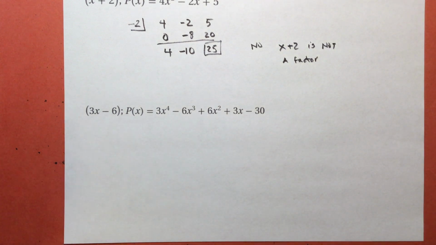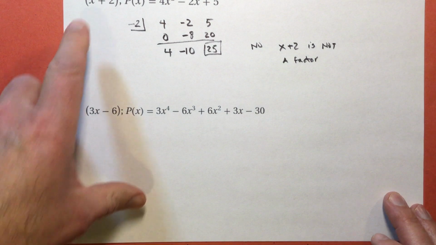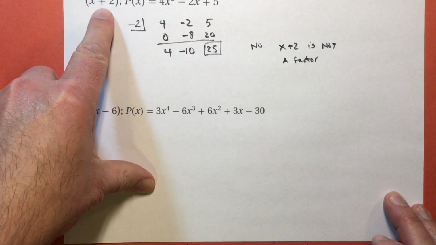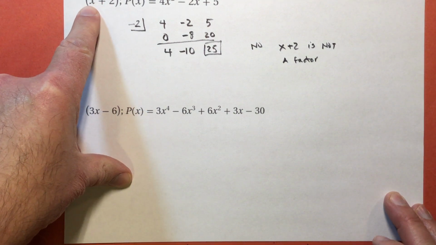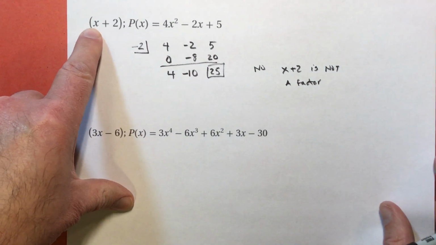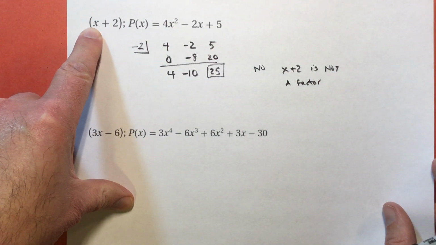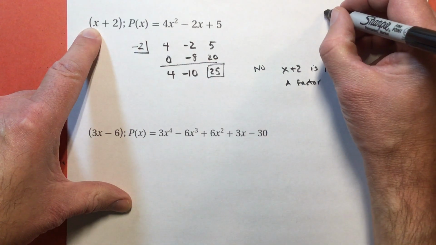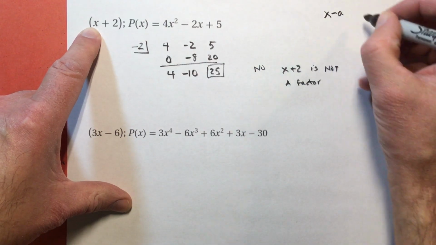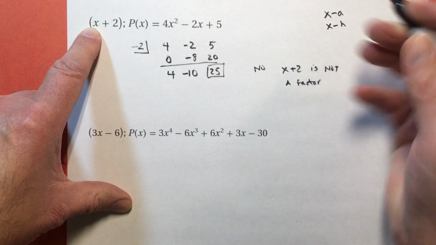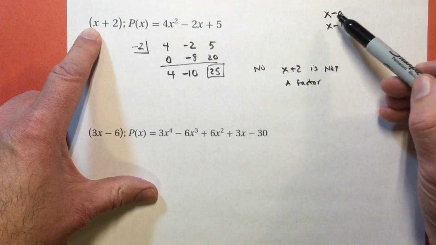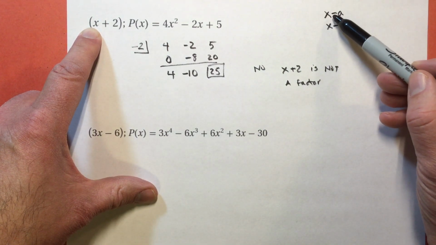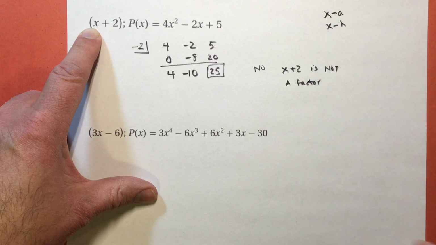What I framed it by was that if the binomial I'm dividing by has just x, in other words, the coefficient is the hidden 1, and we always said this, the book uses x subtract a, I talked about x subtract h, it doesn't matter. Either way, if it's just x plus or minus something, then you can use synthetic division.